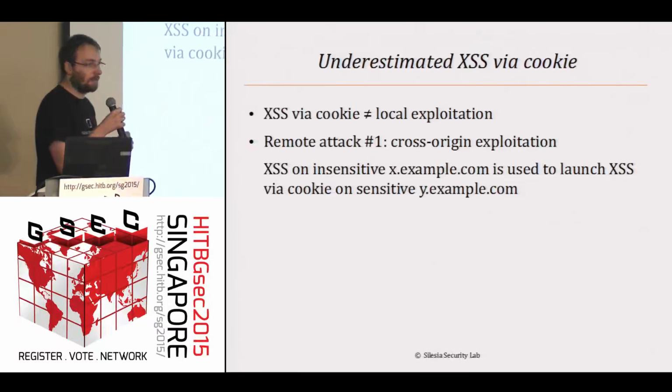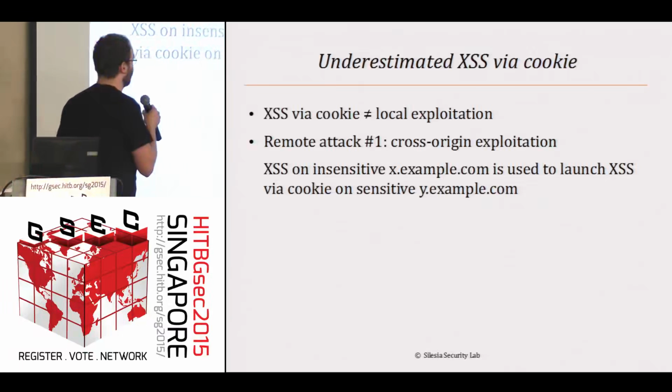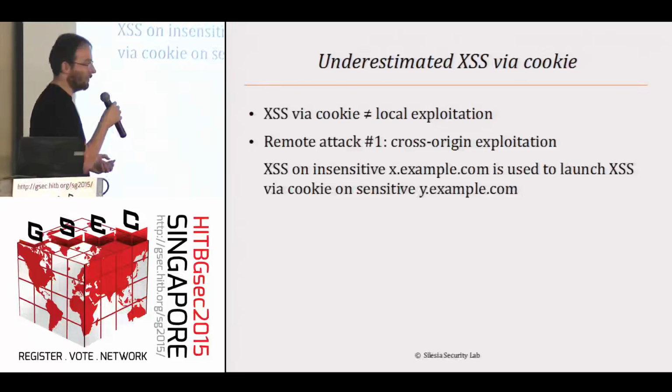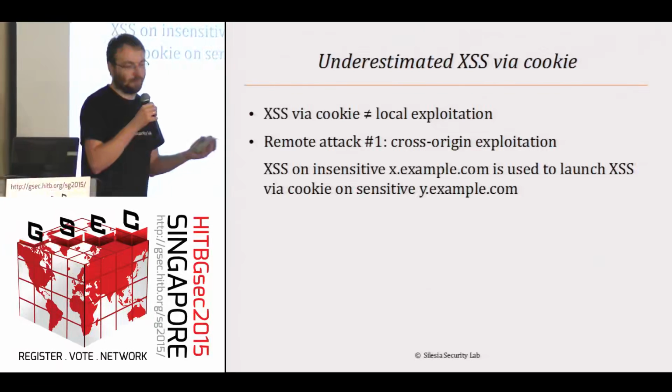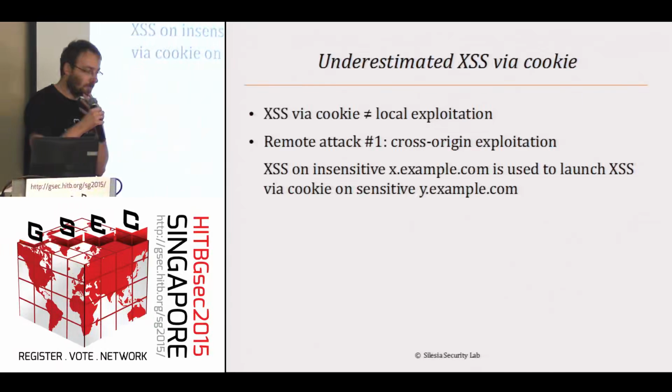And now you are doing pen testing, and you have found XSS via cookie on the sensitive domain, and you are very happy. And this is obvious why you are very happy, but the question is how to launch this attack remotely.